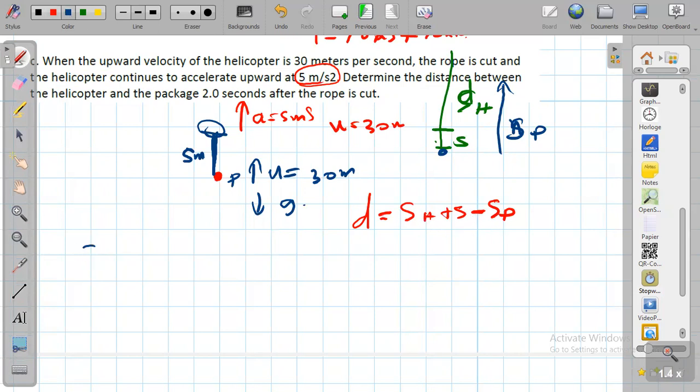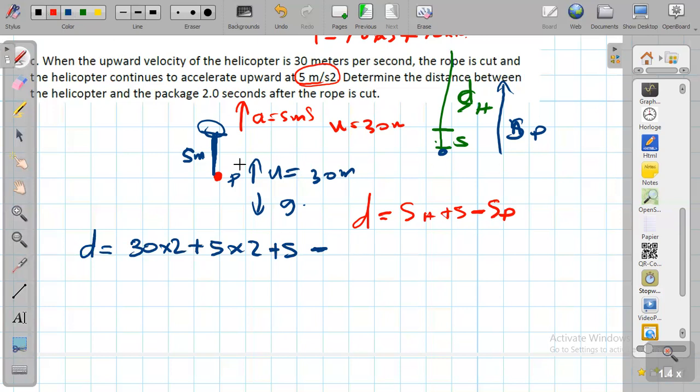Let's find it. We simply apply the motion equations of projectile motion here. With the initial velocity and acceleration, ut is 30 times 2 plus half times 5 times 2 squared, plus the 5 initial distance, minus the package.